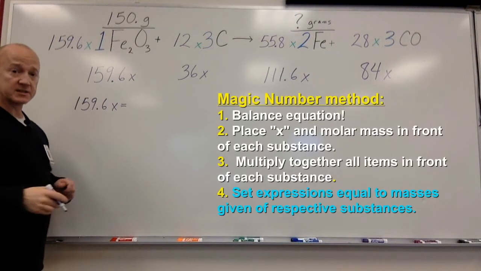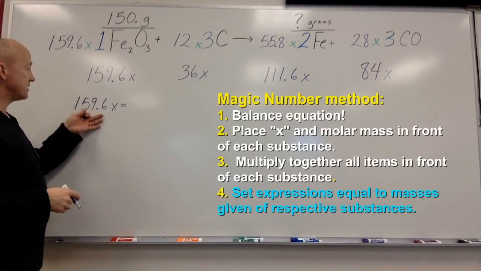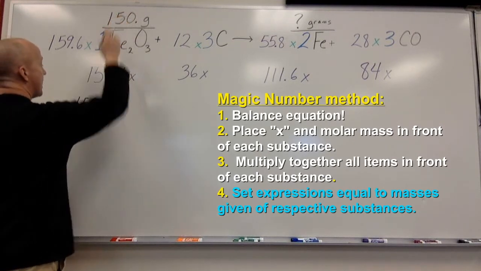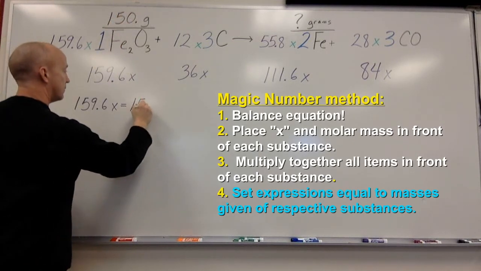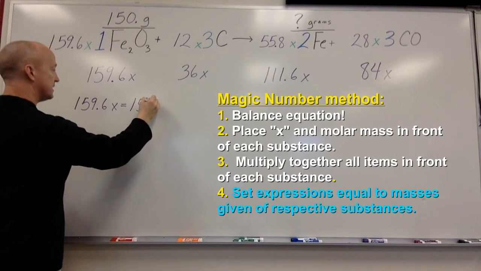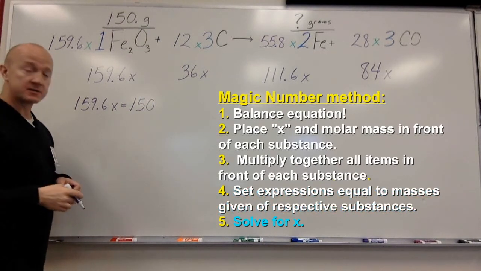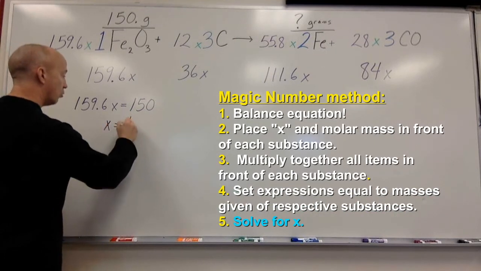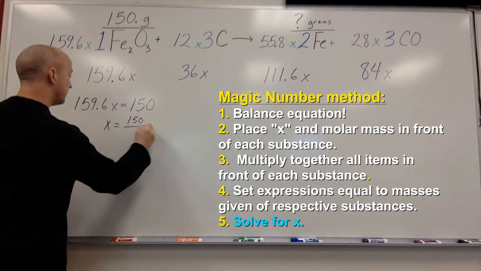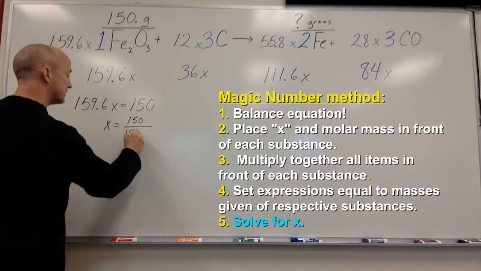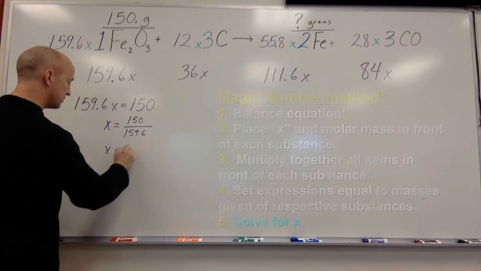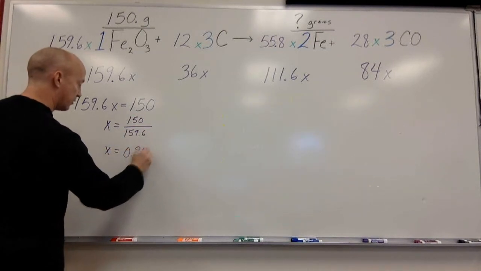What I do next is I equate 159.6X to the amount that they gave me. So 159.6X equals 150. And I solve for X. So X equals 150 divided by 159.6. X equals 0.940.